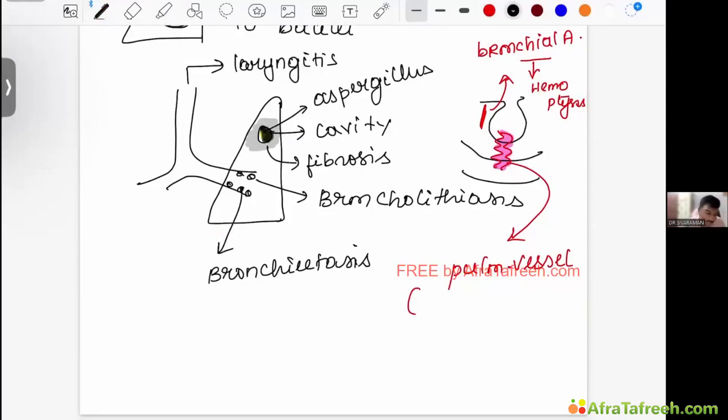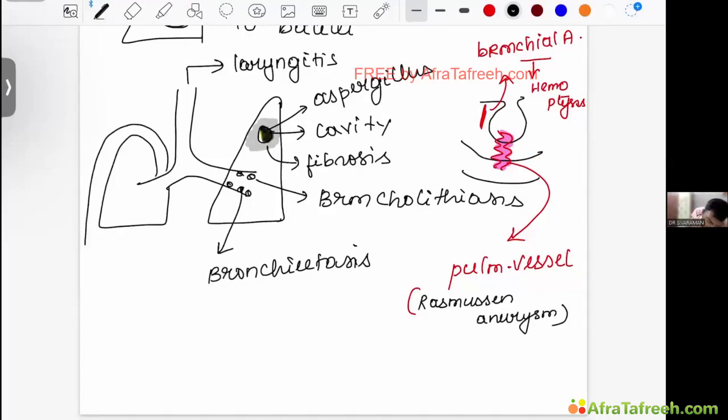Usually the bleeding will be from the bronchial artery, but now the caseous material ruptures into the pulmonary artery. What is this called? This is called Rasmussen aneurysm.